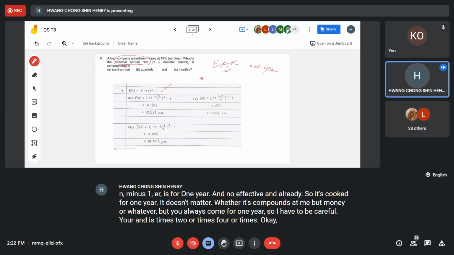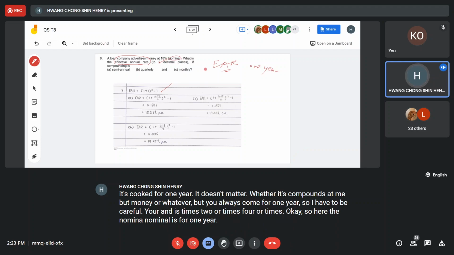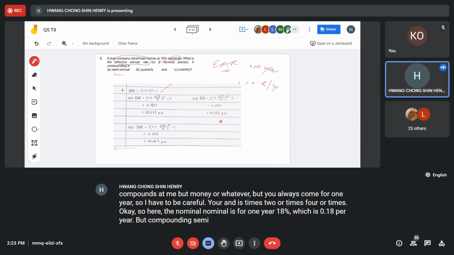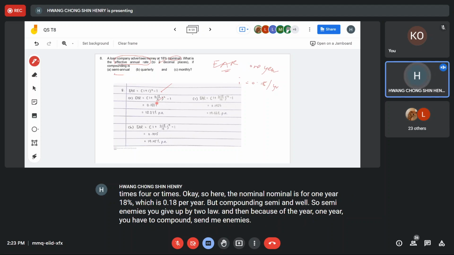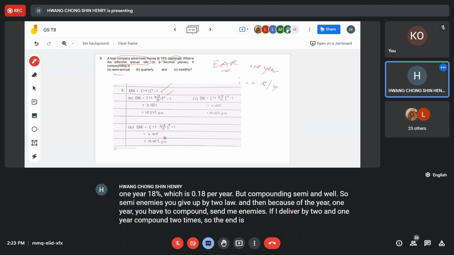Okay, so here the nominal is for 1 year, 18%, which is 0.18 per year. But compounding semi-annual. So semi-annual means you divide by 2, and because of the EAR, 1 year you have to compound. Semi-annual means if I divide by 2, 1 year compounds 2 times, so the n is 2.